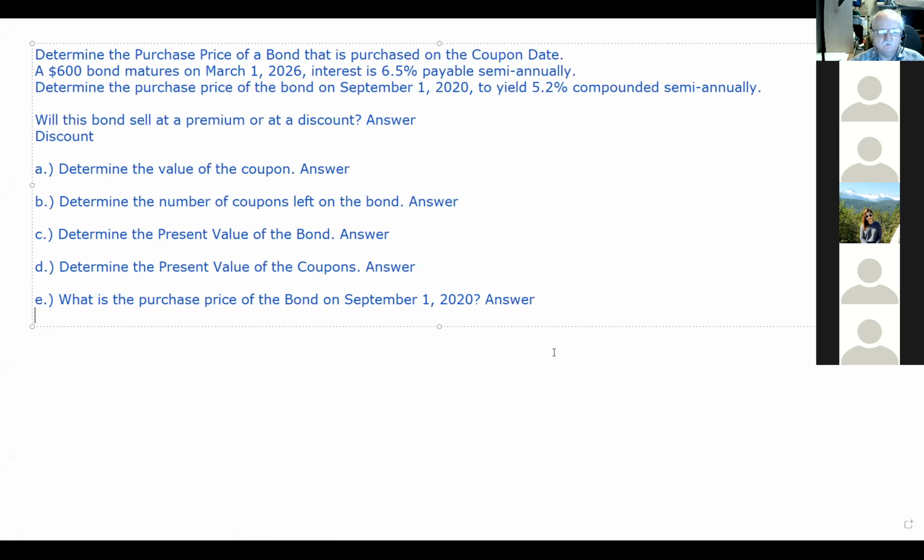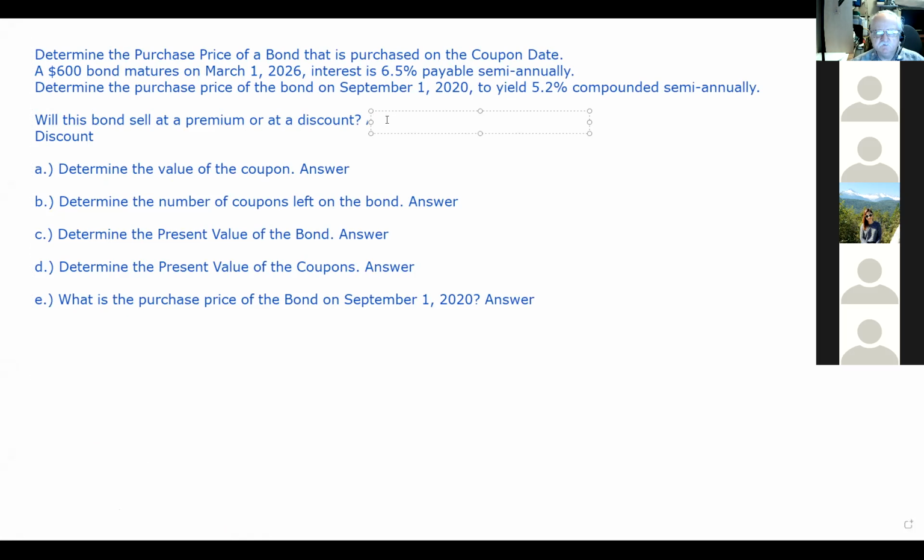So the first thing you want to do is make sure you have a copy of the chapter 15 formula sheets. I'm hoping the formula sheet makes sense.